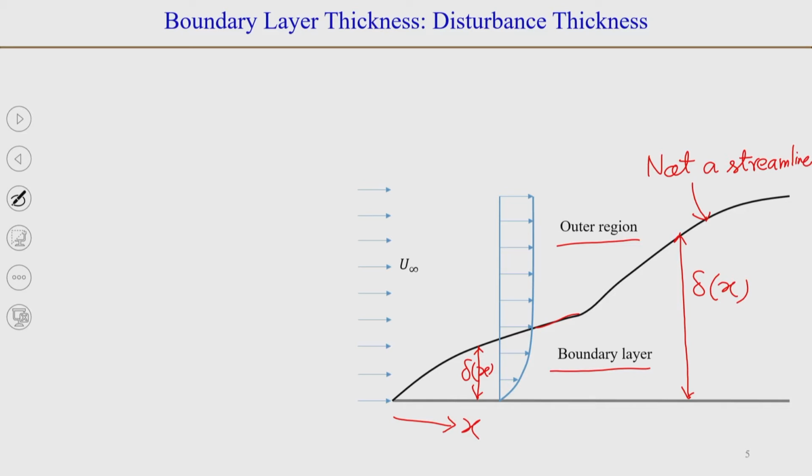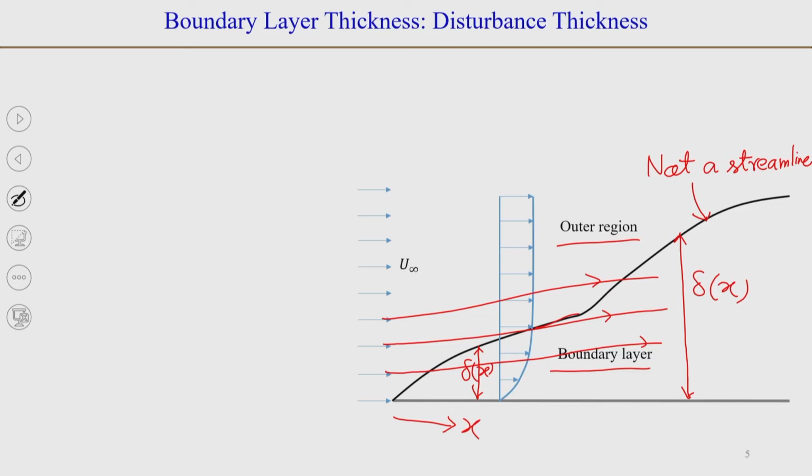If we plot the flow streamlines, one effect will be that if the flow is uniform, the distance between streamlines will be the same when it approaches the plate, but when there is flow over a flat plate and there is a boundary layer, because of the presence of the boundary layer, the distance between the streamlines may change.